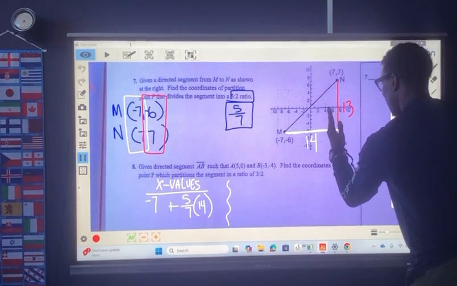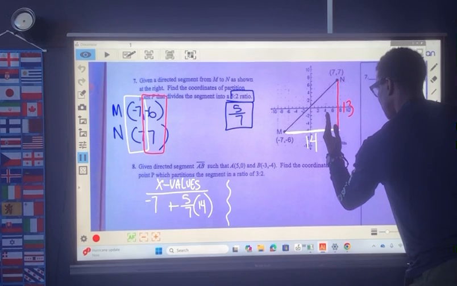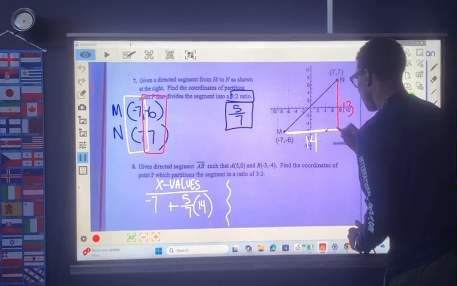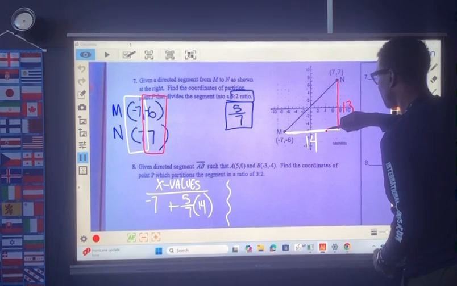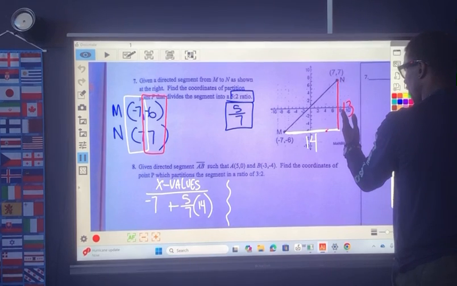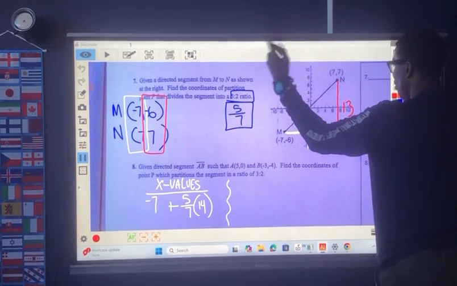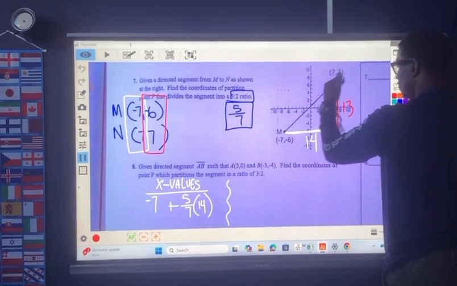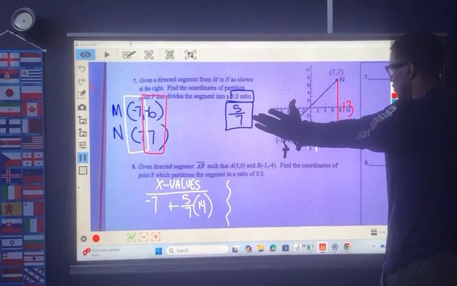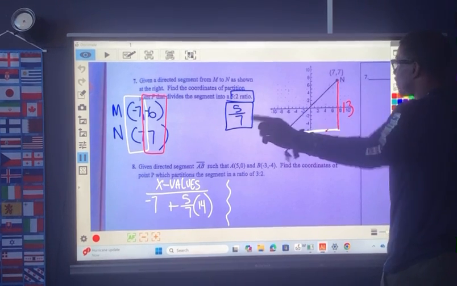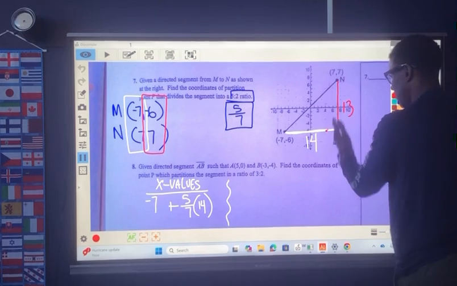Now, if I'm at my 5/7 distance on the x value, what's the distance on the y value? You told me it's 13, correct? Am I going the whole 13? No. I'm only going what? 2/7. Well, no. 5/7 of that distance.